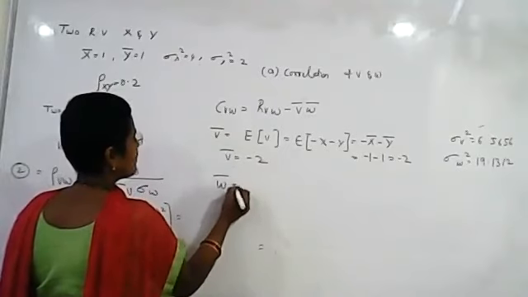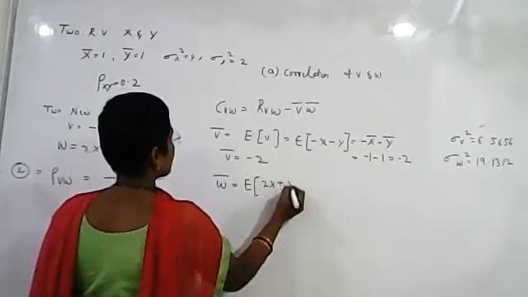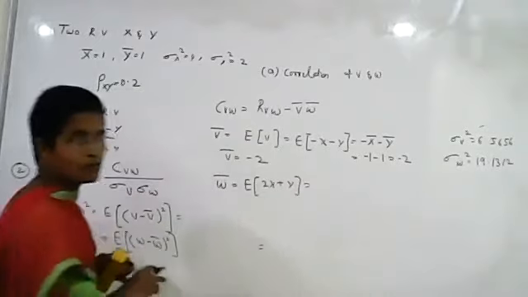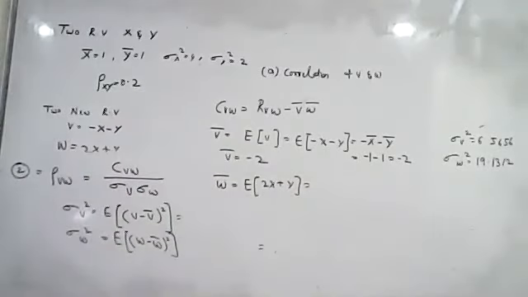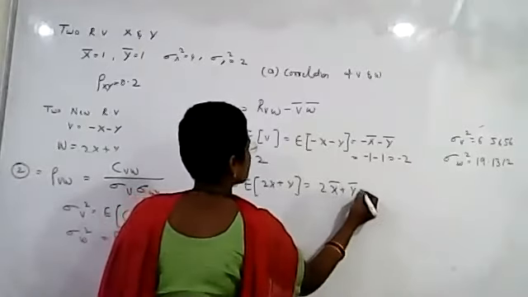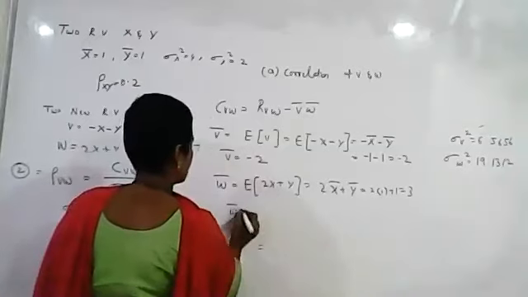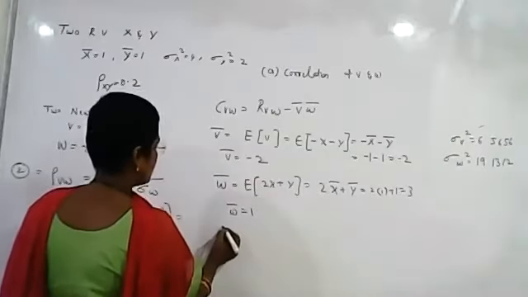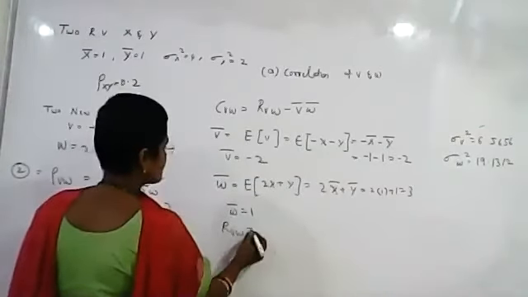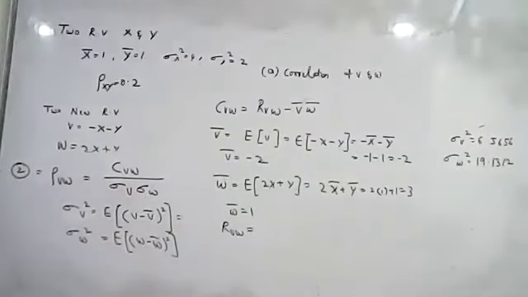Similarly, find out W bar. What is W? It is 2x plus y. Tell me what is the value you get. So it is 2x bar plus y bar. So 2 into 1 plus 1, so it is equal to 3. W bar is 3. Now, RVW. In the previous step, we already found what is RVW.